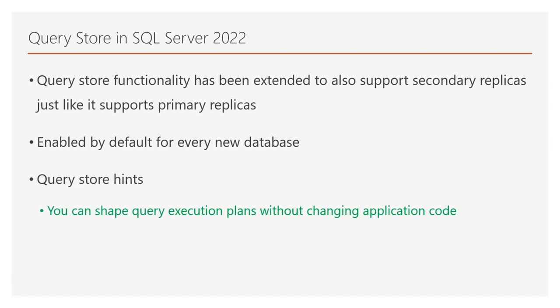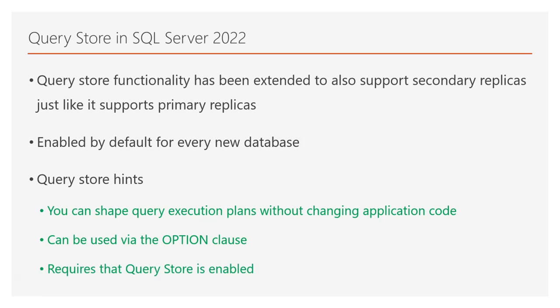So by using these Query Store hints, you can increase the performance of certain database processes without having to change anything on the application side. And you can use these hints using the OPTION clause. Last but not least, about Query Store hints, note that, of course, you need to have Query Store enabled in order to be able to make use of these hints.